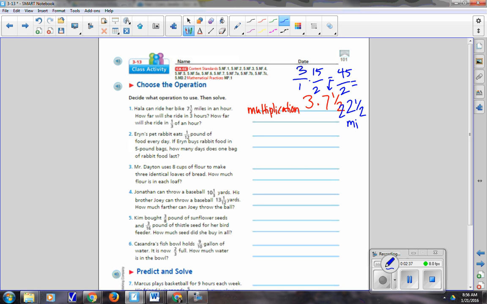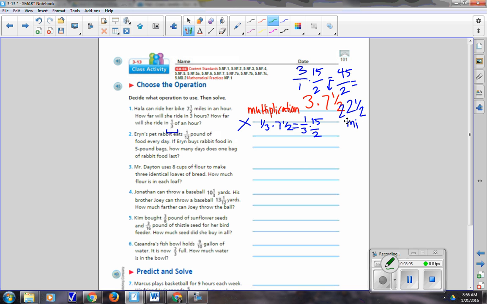Now, how far will she ride in 1/3 of an hour is also going to be multiplication, and it's going to be 1/3 of 7.5. So if I'm going to do that, I'm going to do the same, having to put this 7.5 in a mixed fraction, or I'm sorry, improper fraction. So it's 1/3 times 15/2.